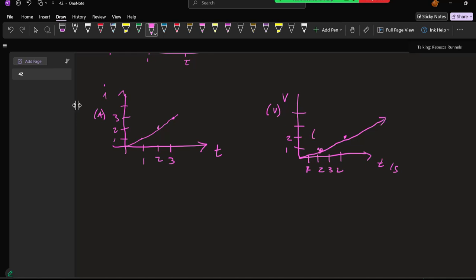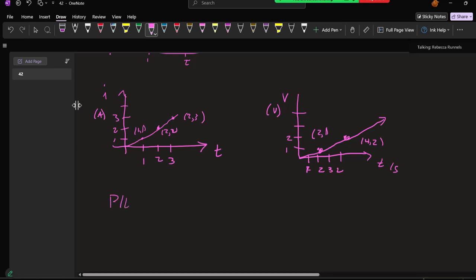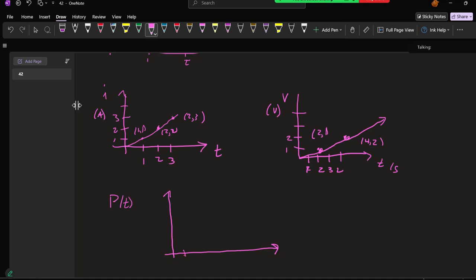That's supposed to be the point 2, 1, and that's supposed to be the point 4, 2. And this is supposed to be 1, 1, 2, 2, and 3, 3. So what would the power look like? So let's do a little thinking first.